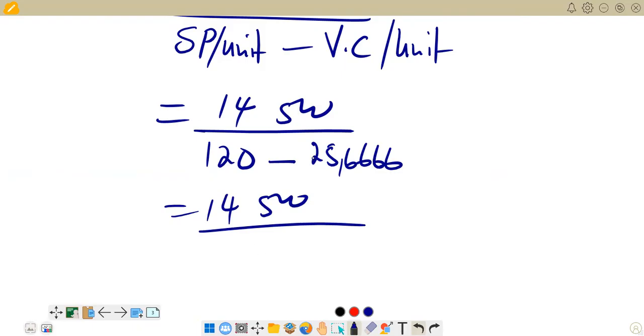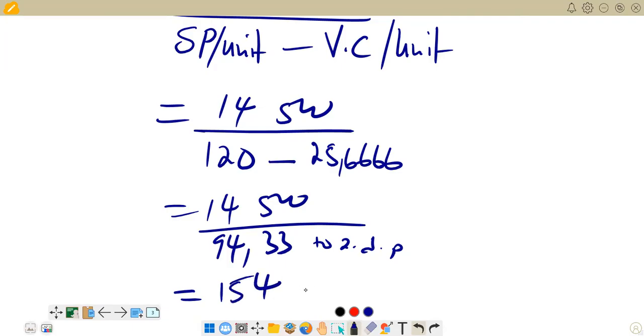So 120 minus 25.6666 we get 94.33, and this one is to 2 decimal places. Then we divide 14,500 by 94.33. If you divide there to the nearest whole number, it becomes 154 units.